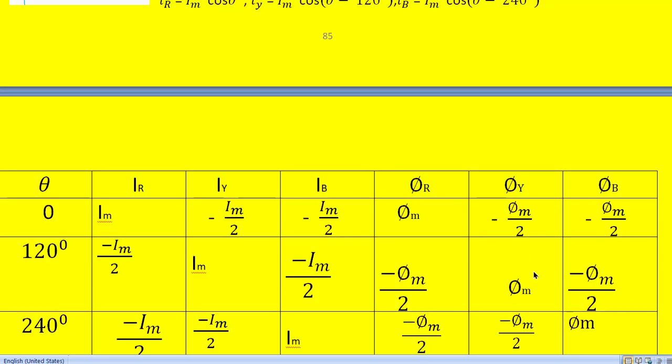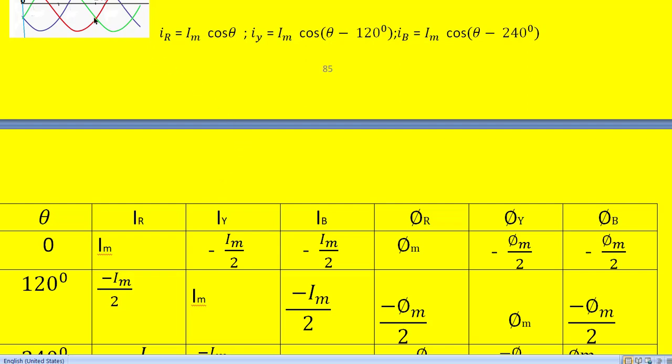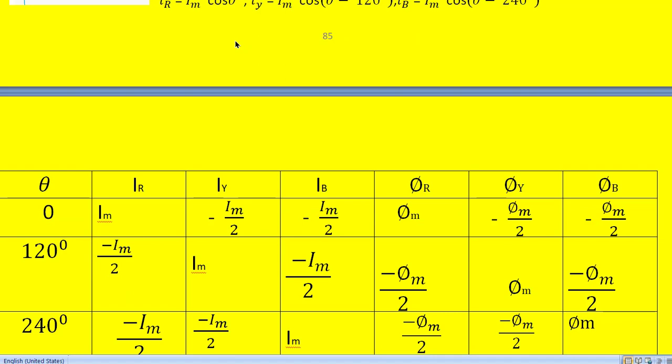So let us see what is going to happen at 240 degrees. When theta is equal to 240, IR is equal to Im cos 240 degrees. Cos 240 is nothing but again minus half into Im.